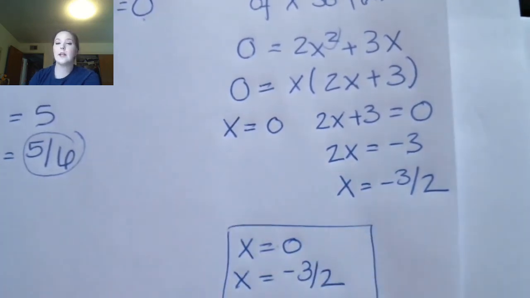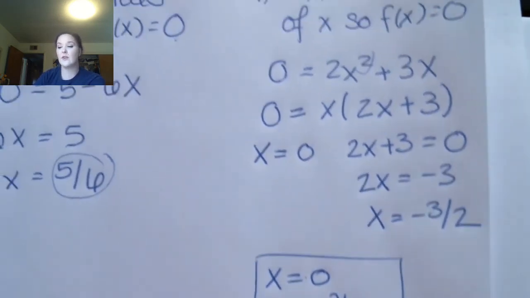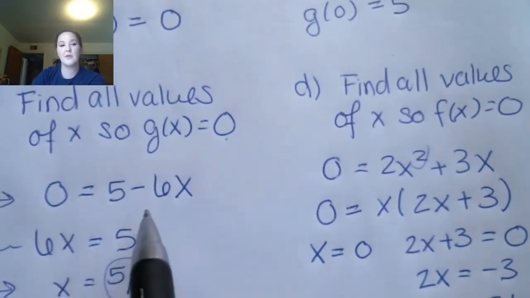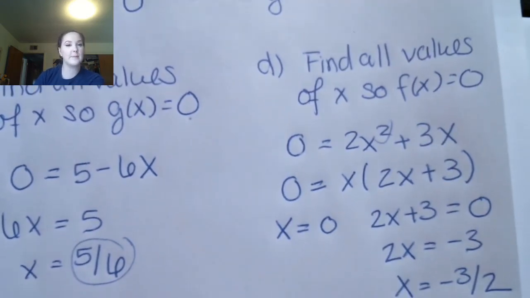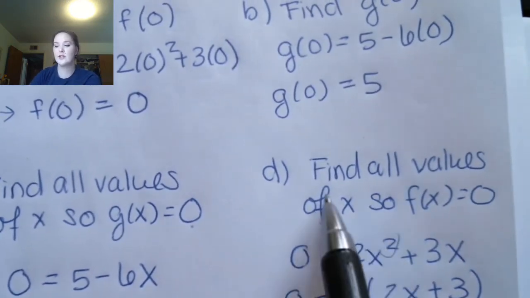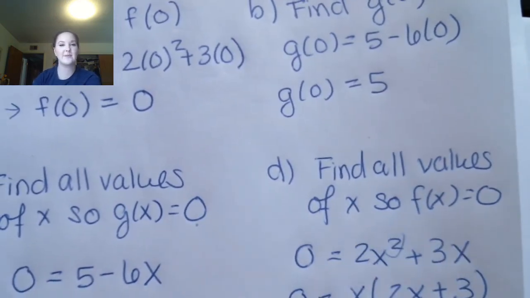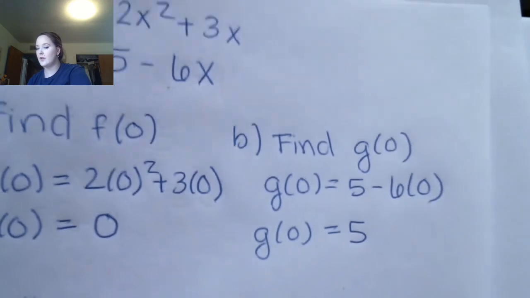That is totally fine, and oftentimes if your function isn't a linear type of function, you will get more than one solution. There's nothing wrong with that, and that's actually why the question says find all values of x.